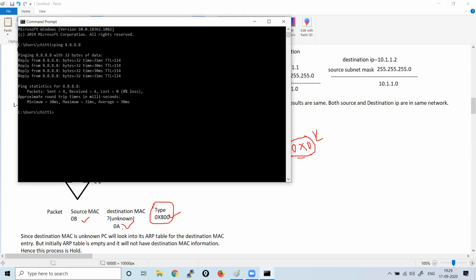Depending on this, the latency is calculated by network engineers. I am saying 31 milliseconds, correct? If you observe these four packets carefully, observe the timer. Sometimes it is taking 30, sometimes 31.